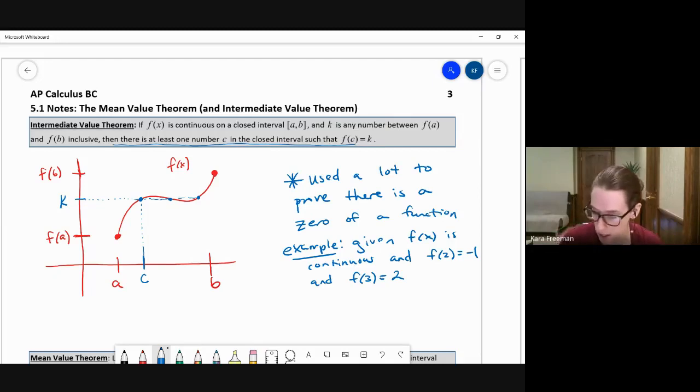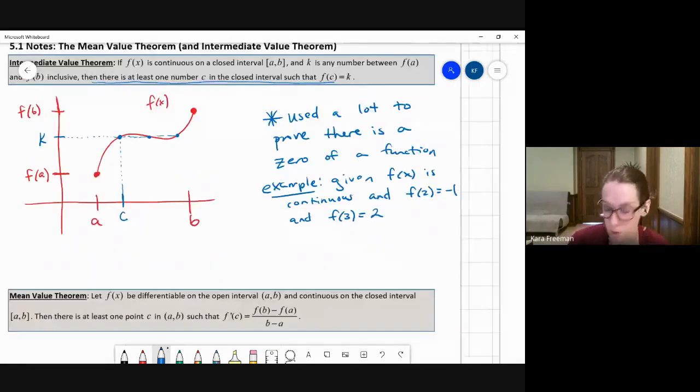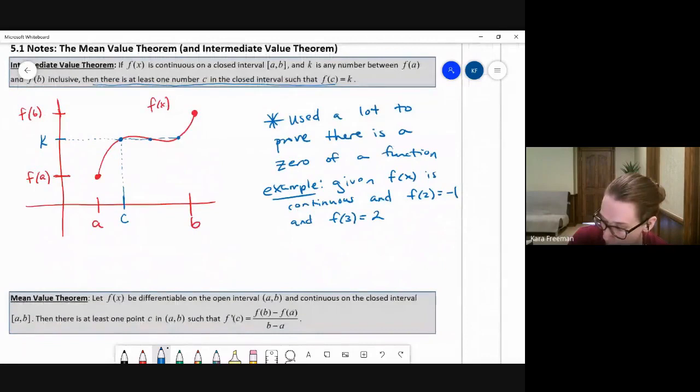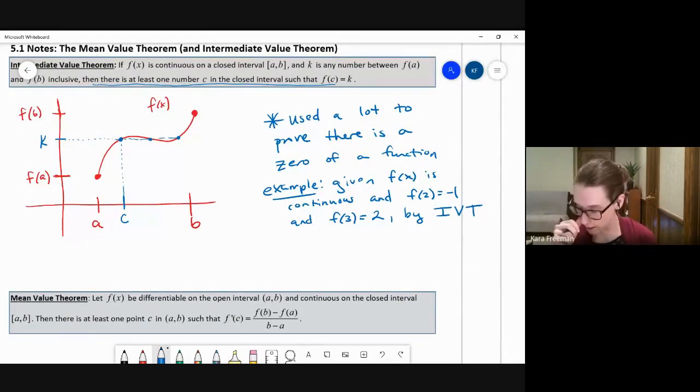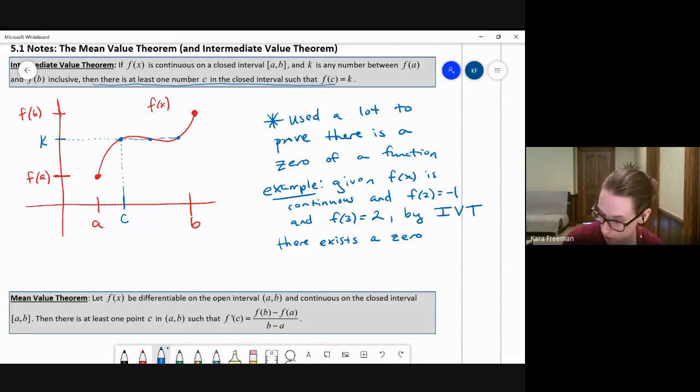Let's talk about how to actually state that. Given that f of x is continuous and we have these two values, by the intermediate value theorem, and what's nice in calculus, we can use IVT for short if you're going to use this theorem, there exists a c in the interval from 2 to 3, such that f of c equals 0.